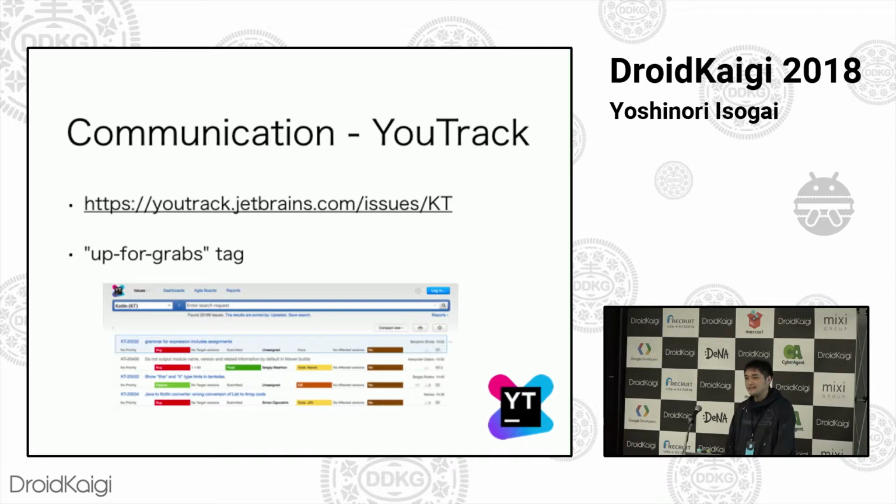Issues with this tag are free to contribute. If you find the issue you want to work with, the first thing you must do is comment, I'm going to do this. Since we are external contributors, JetBrains staff won't be able to assign our name as an assignee. But if I say I'm going to do this, I am treated as an assignee in JetBrains.